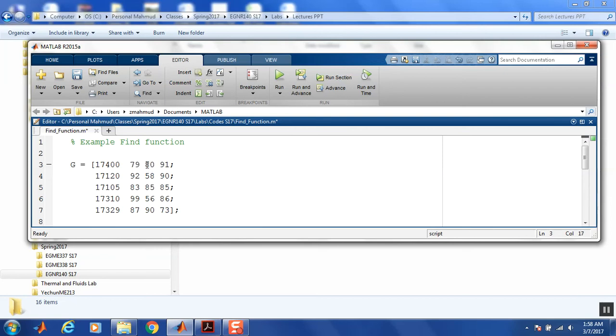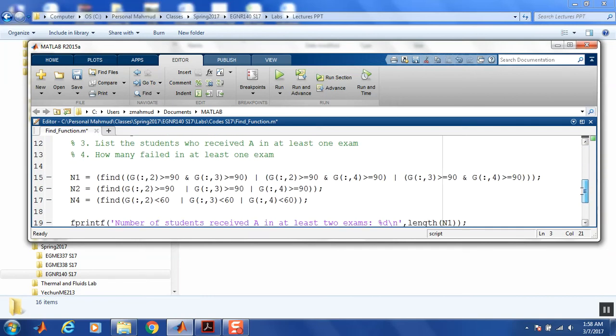Then you pair up test 2 and test 3, and see if these two are both greater than 90. And then the third pair is column 1 and column 3. So you check each of those 3 combinations and see if any combination is greater than 90.